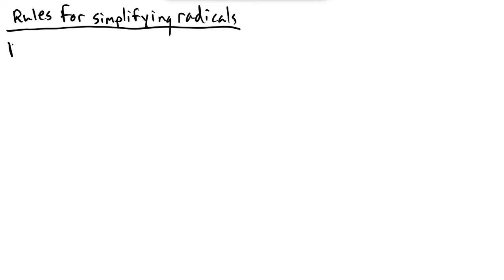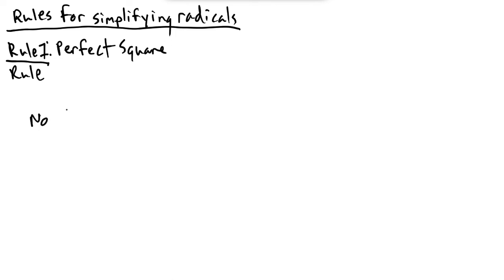Rule 1 is the perfect square rule. And what that says is you cannot have a perfect square left in the square root.